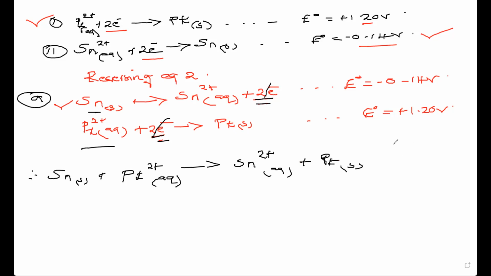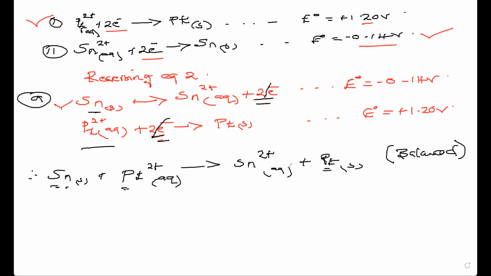See, this one is balanced. Why are we saying it's balanced? We need to check. First of all, how many Pt do we have? On the product side, we have 1, and on the reactant side, we also have 1. The same for Sn, we have 1 as well. For the charges, the overall charge on the reactant side is positive 2, since tin doesn't have a charge and the charge here is positive 2.